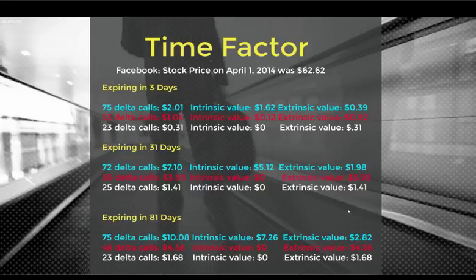So expiring in 3 days, if we look at a 75 delta, which is in the money, and then the 53 delta is at the money, and then that 23 again is out of the money. When you start going from left to right, you see the intrinsic values change. And the key component is you always want intrinsic value, especially when you're playing direction. You want as little extrinsic value as you possibly can and more intrinsic value.